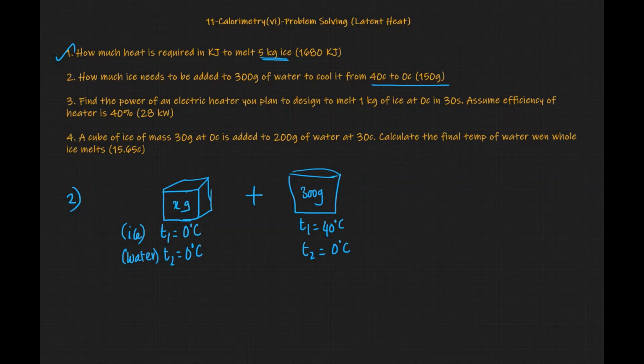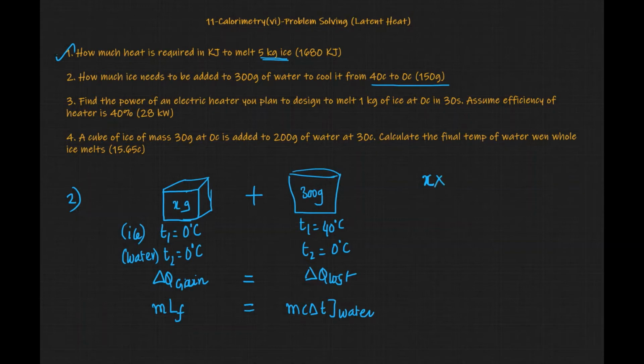Alright, so here the heat is gained by the ice, and heat is lost by the water. So here this is equal to. Now the heat gained is nothing but M into latent heat of fusion. That's equal to, here it is MC delta T for water. So let's substitute this.